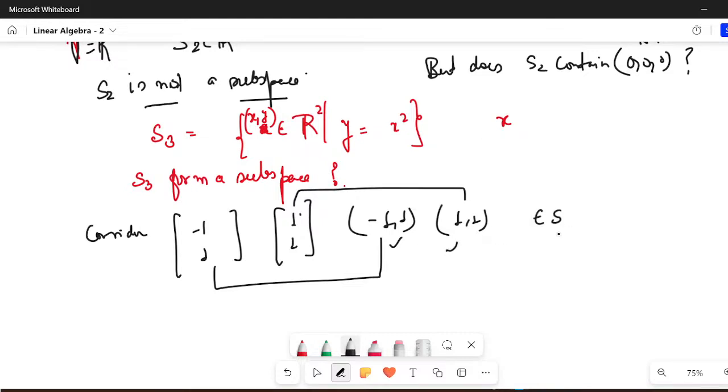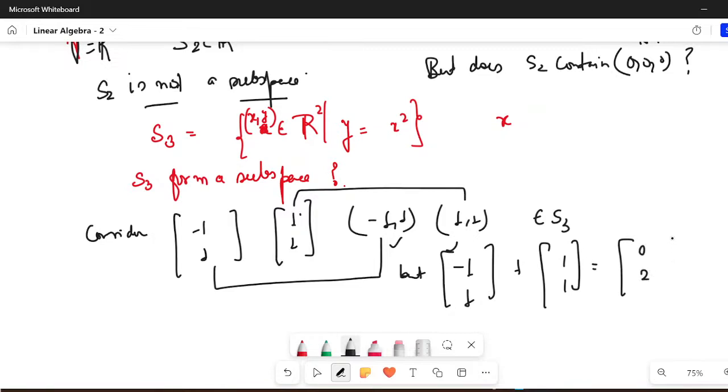But (-1, 1) plus (1, 1) would be equal to (0, 2), right?